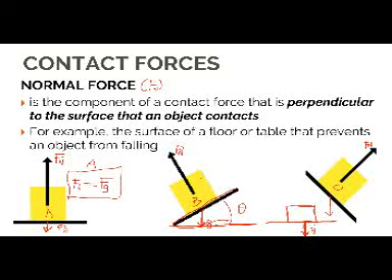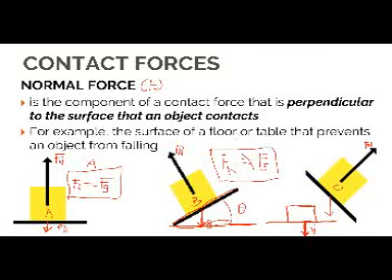If this is the case, then the normal force is not directly opposite to your force due to gravity, and so the normal force is not equal to your force due to gravity.